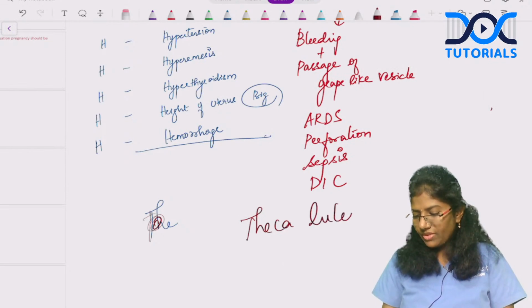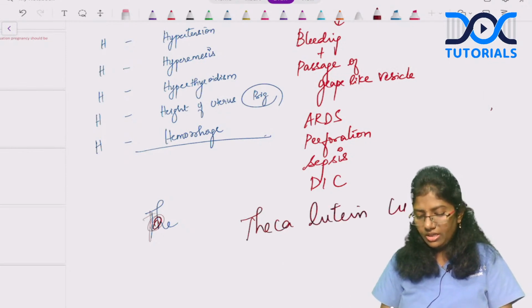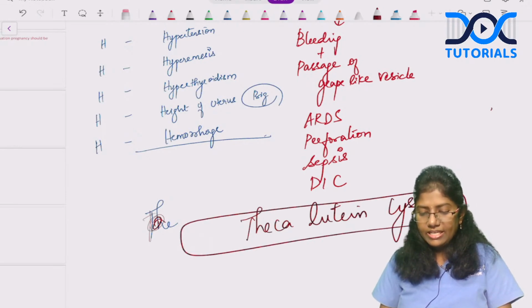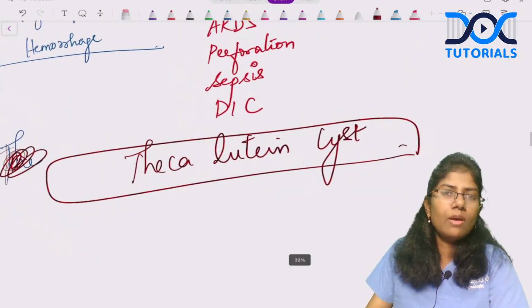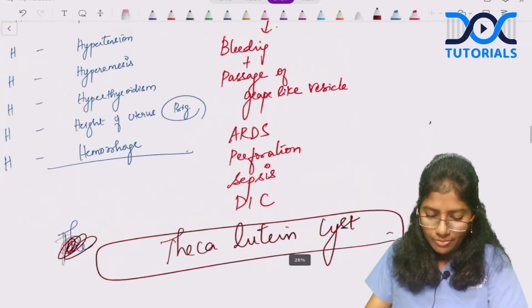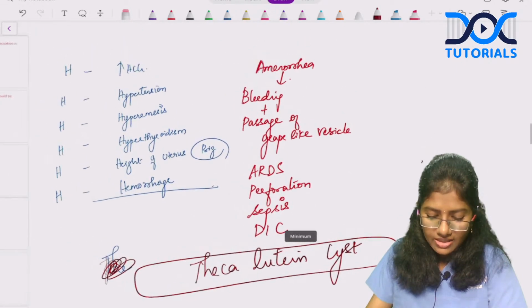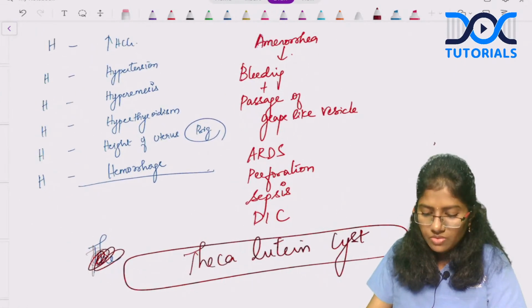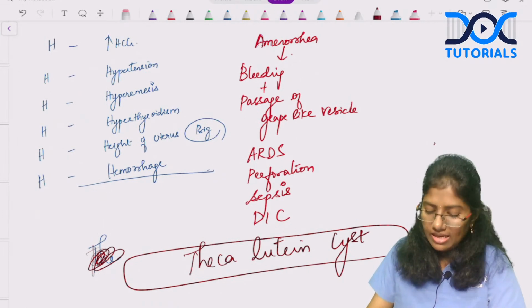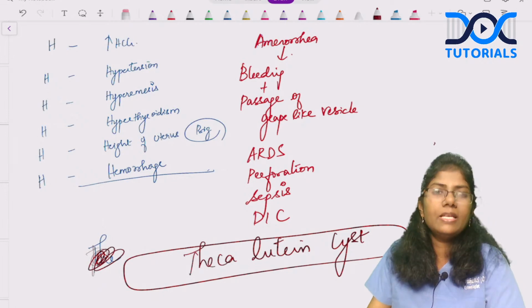So these are the clinical features and complications of molar pregnancy: hypertension, high HCG, hyperemesis, hyperthyroidism and hemorrhage. Apart from this, we have amenorrhea followed by bleeding plus passage of grape-like vesicles, ARDS, perforation, sepsis, DIC, and theca lutein cyst.